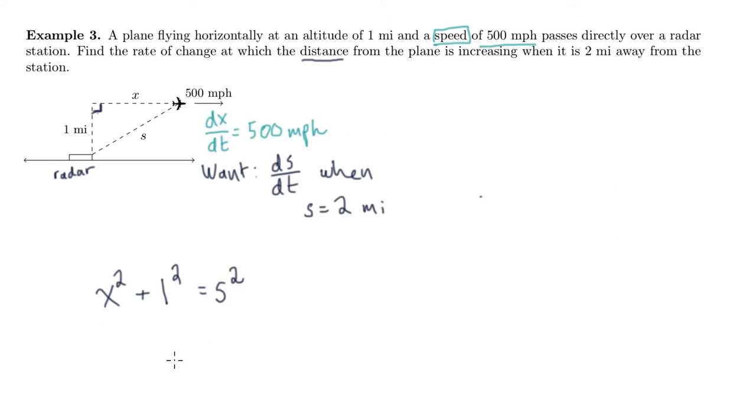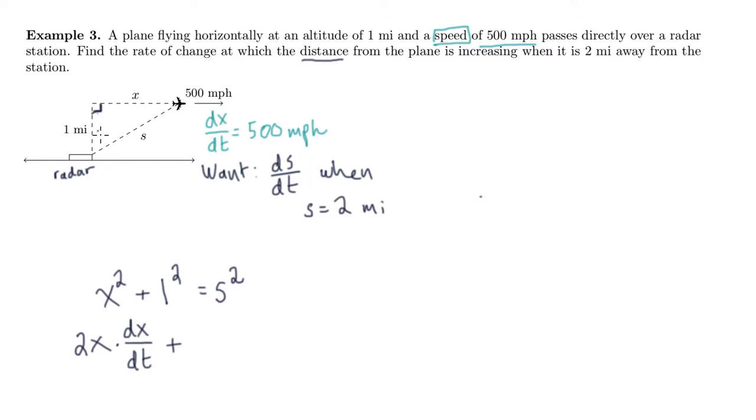Alrighty, easy enough. Now what do we need to do? Well, we need to find the rates of change. So let's differentiate. Let's use implicit differentiation. So the rate of change of x squared with respect to t is going to be 2x times dx/dt plus, well, the derivative of 1 squared is 0.